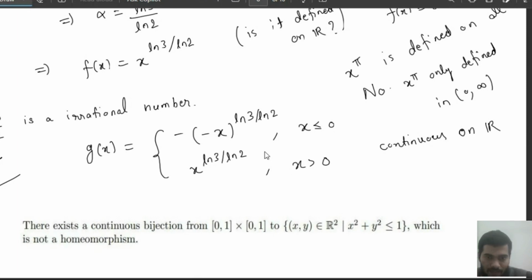Now the only thing left is to check whether the inverse function is continuous or not. To check the inverse function, I will leave as an exercise to check that g(x) maps an open ball to an open ball, or maybe an open interval to an open interval.